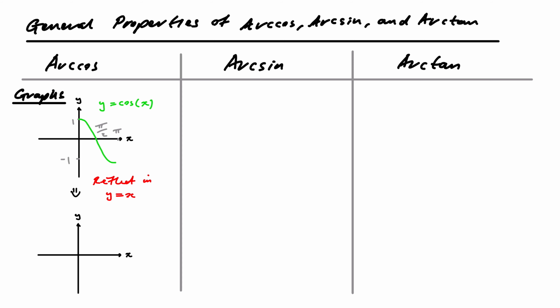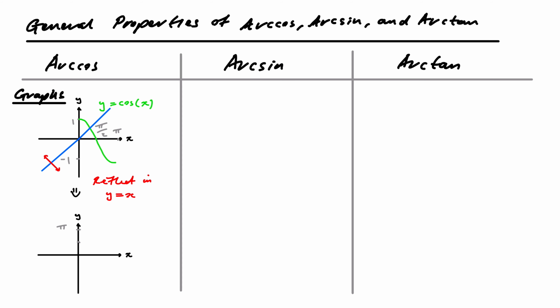Well, first of all, if I reflect in this line, so I'm reflecting across it like this, that's going to reflect the pi and the pi over 2 from the x-axis to the y-axis, isn't it? Right. So let's put those up there. So let's have pi here.